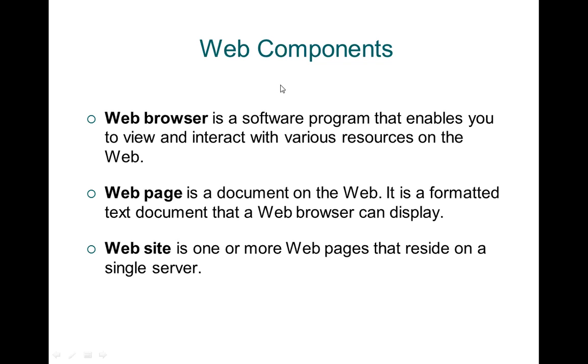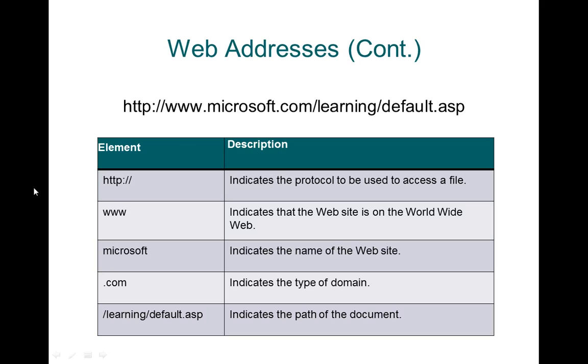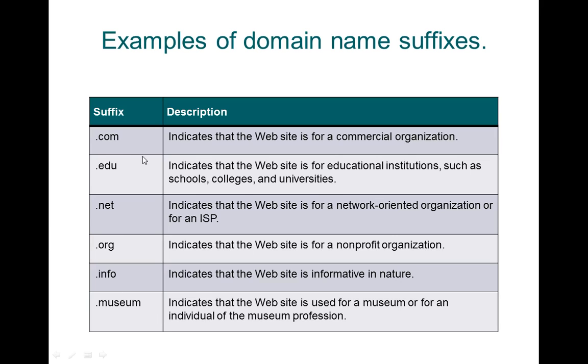What are the web components like web browser, web page, website, protocols, URL. These are the multiple parts: HTTP, www, Microsoft, com, and learning/default. Active server pages, that is ASP.